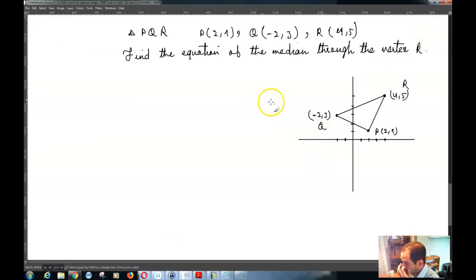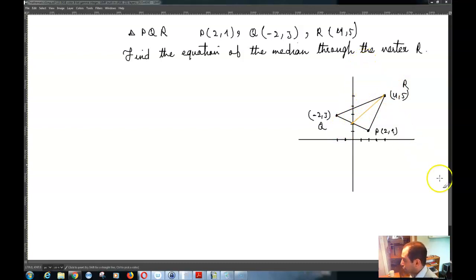So now the median through the vertex R is going to be, for example, let's suppose that this is the midpoint of this side, and this is the median. So now you want to find the equation of the median through the vertex R, which is essentially the equation of this line.